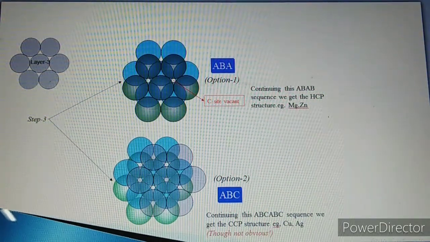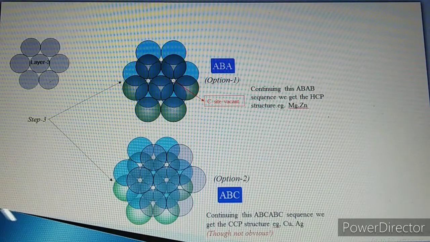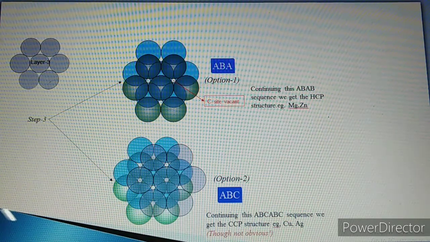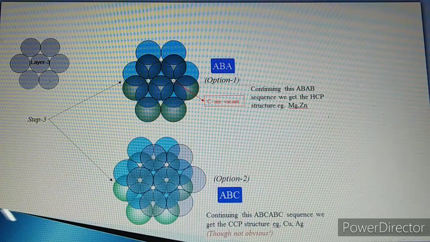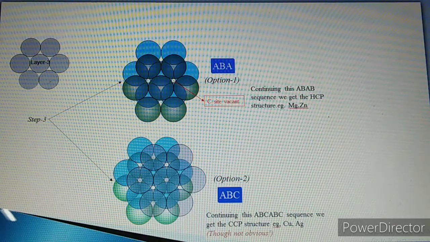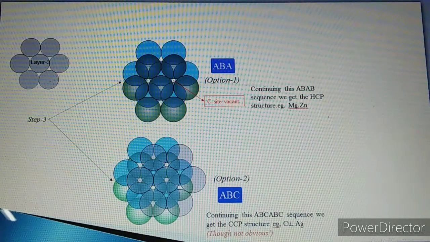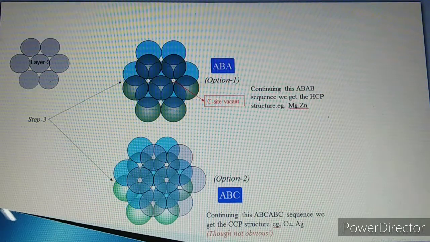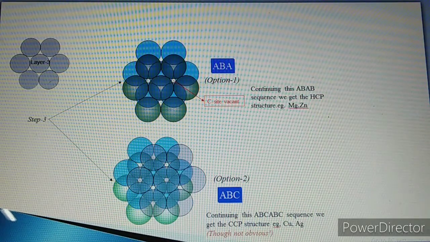One way of doing this is to align the spheres of the third layer with the spheres of the first layer. So the third layer is placed over the spheres of the first layer. Therefore, the first layer and third layer are repeating layers. Therefore, in this type of arrangement, A is the first layer, B is placed in the depression of the first layer. Again, A will be placed or aligned over the spheres of the first layer.